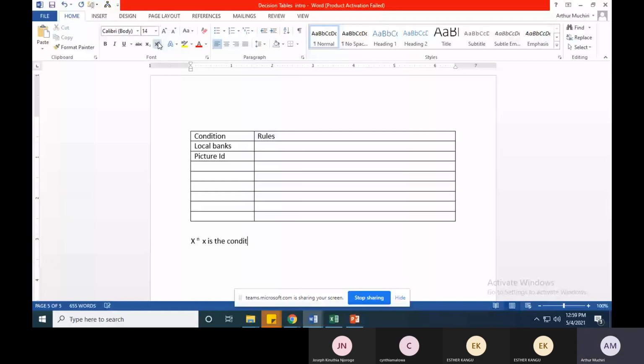And currently, how many conditions do we have? We only have 2 conditions, that is local banks and picture ID. So x represents the number of conditions.